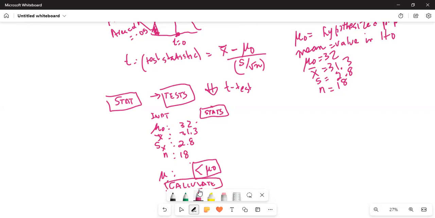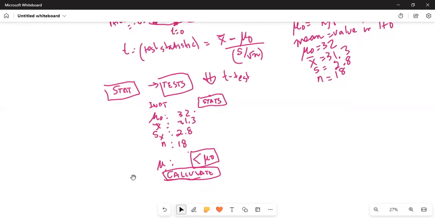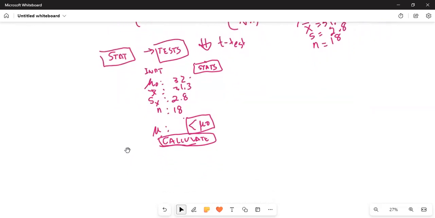Okay. So move up a little bit. After you put the cursor on calculate, hit enter. So my screen looks like this.